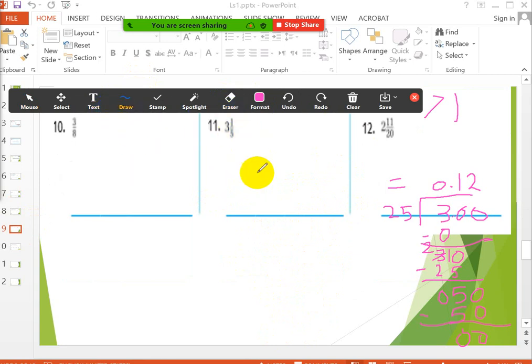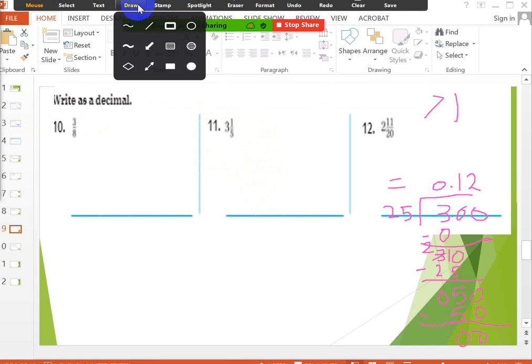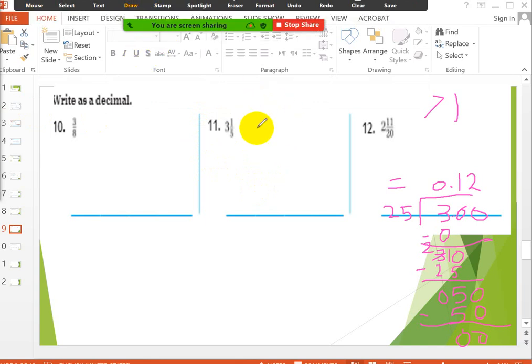I want to solve number 11 because number 11 is a mixed number, and I want to write this mixed number as a decimal. 3 and 1 over 5. How will I write it as a decimal, girls? If I want to write it as a decimal, my issue here is the fraction part. So 3 and 1 over 5 is 3 plus 1 over 5, right?